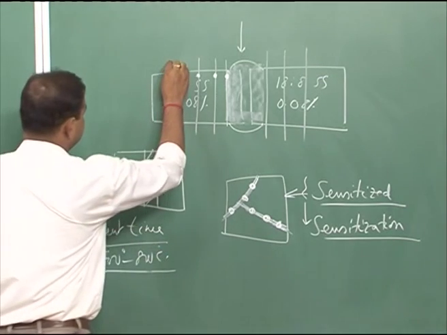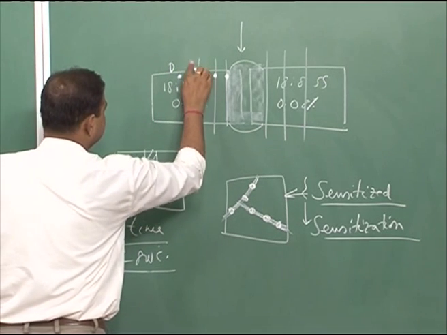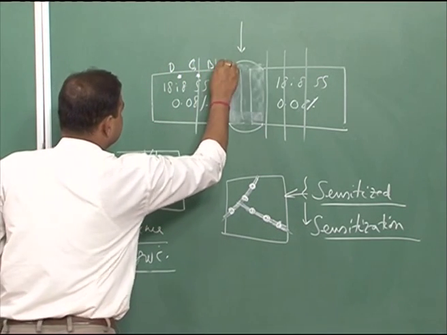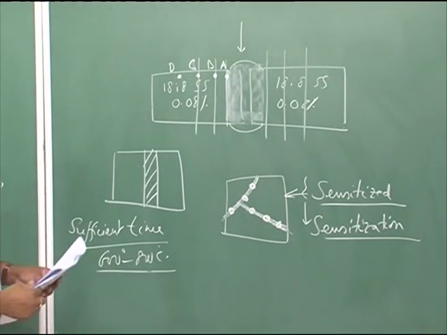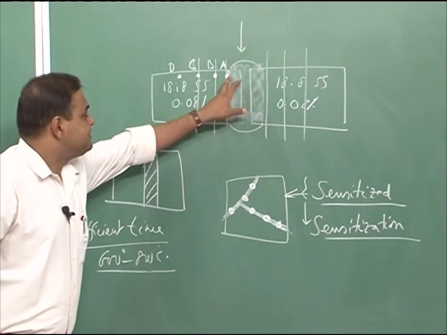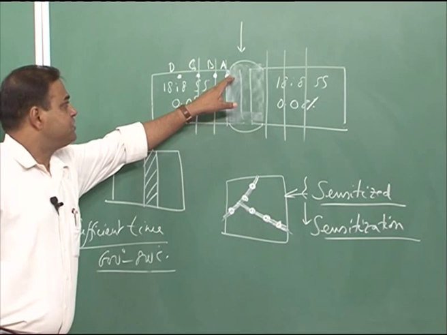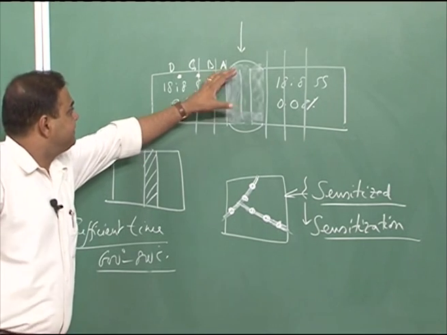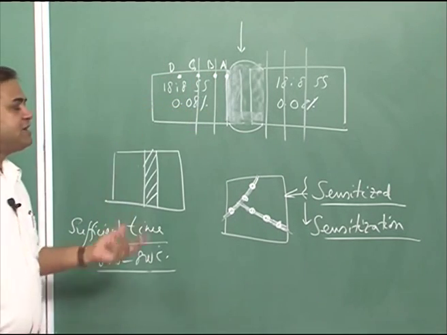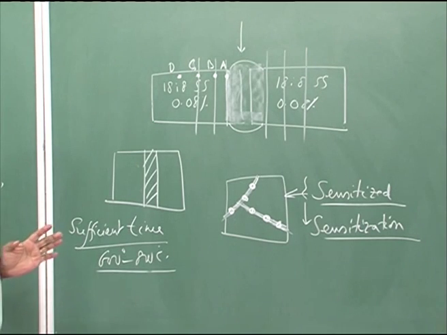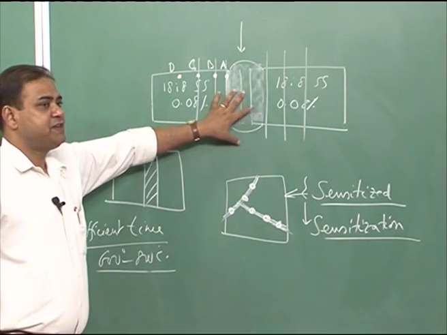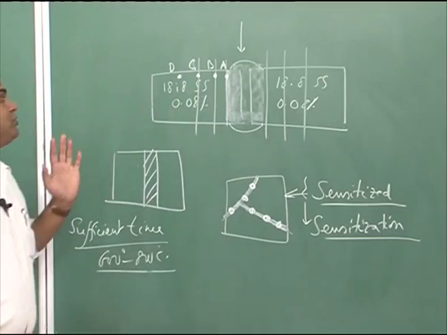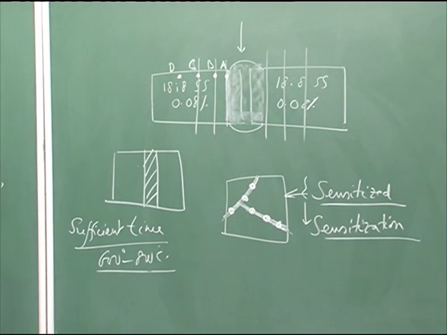Let us say this is D, this is C, this is B, this is A. Here you see A is directly in the fusion zone, and the rest are basically the heat affected zone, which we always experience while doing fusion welding.